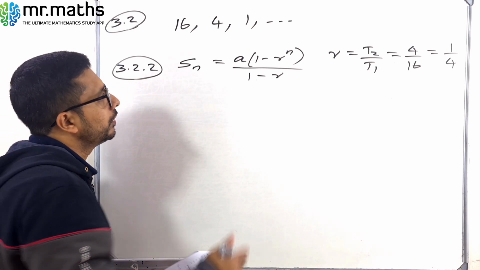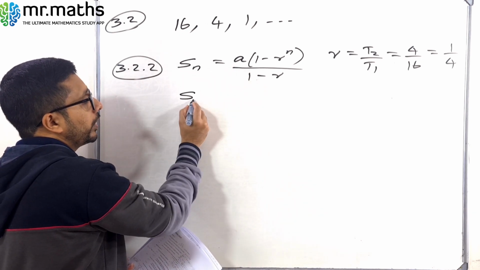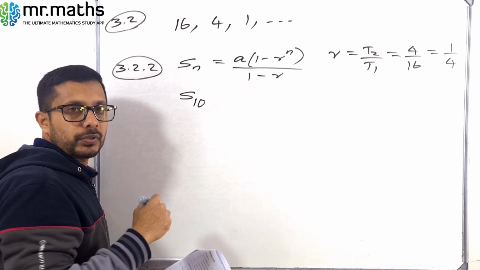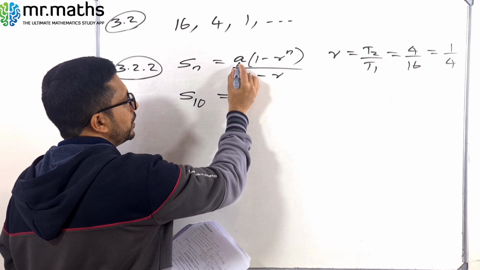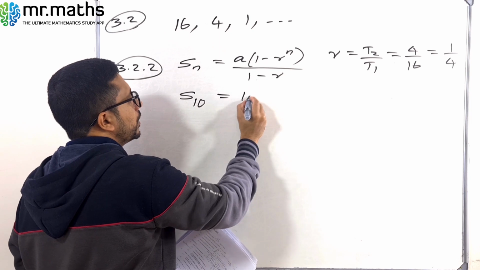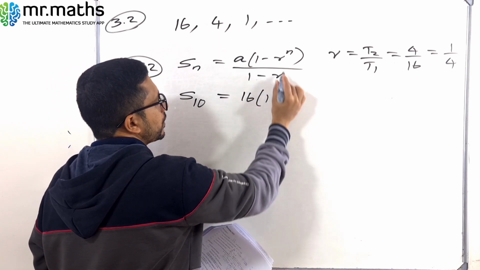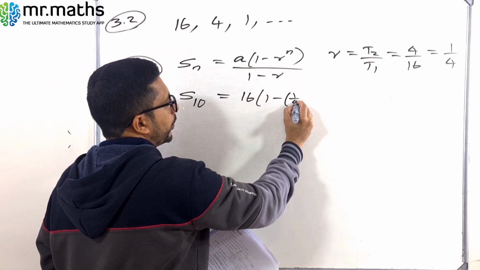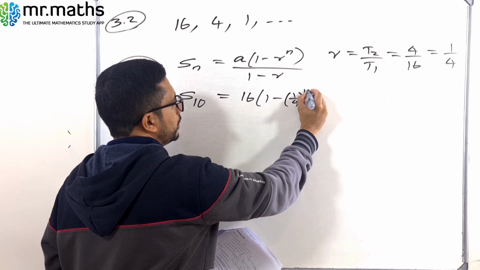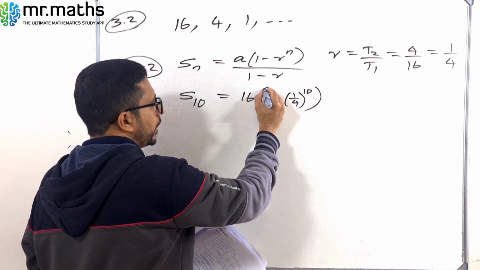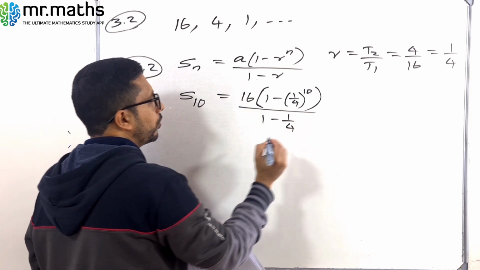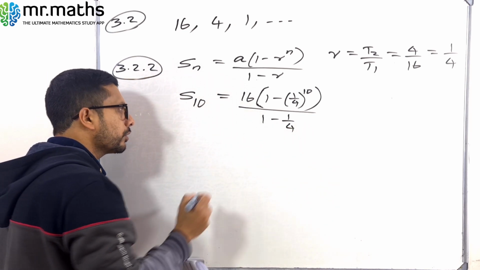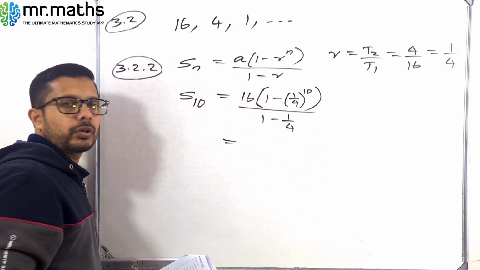So here what is a? We have to find the value of the sum of the first 10 terms. So n is 10. So S10 is equal to a, first term is 16, into 1 minus, what is r? 1 by 4 raised to n, sum of the first 10 terms, divided by 1 minus 1 over 4. So try to type exactly like this in your calculator.